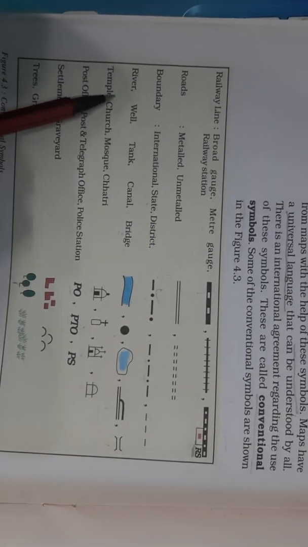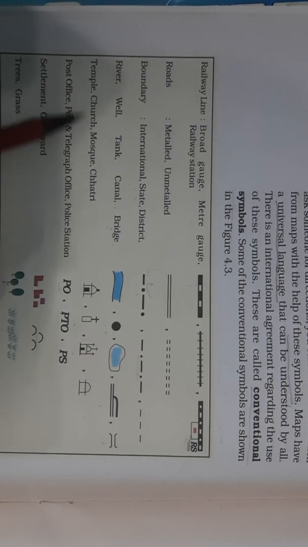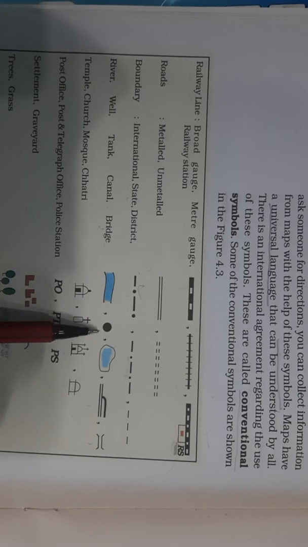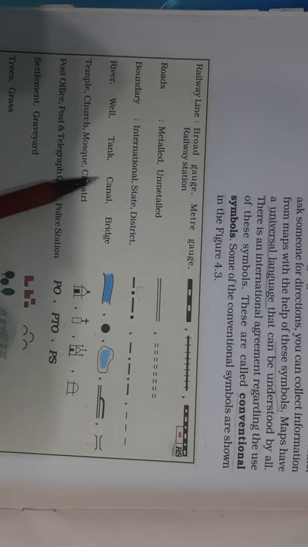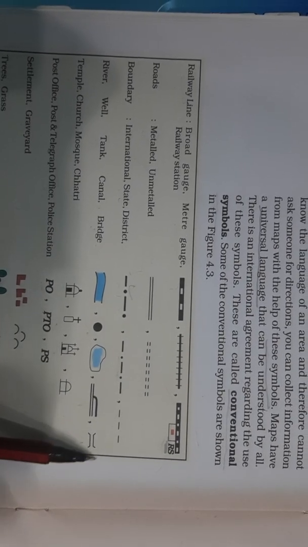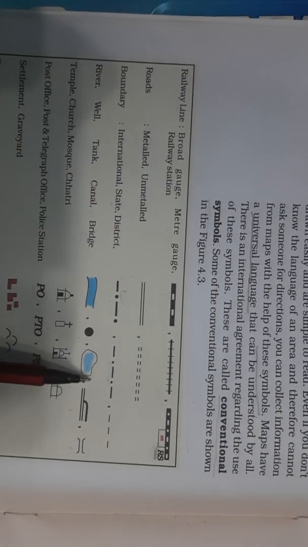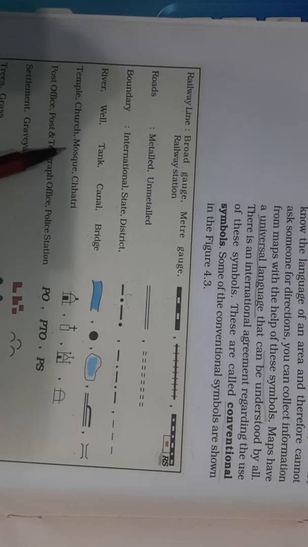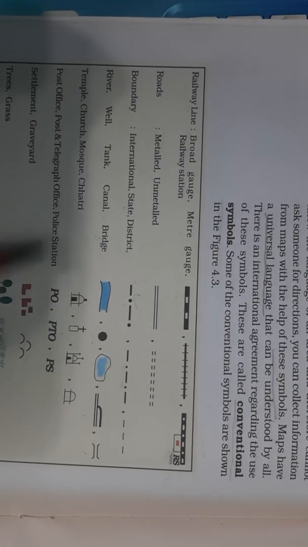To show river, well, tank, canal and bridge, river is shown by this symbol, well is shown by this dot, tank is shown as this, canal is shown as this, and bridge is shown by this particular symbol. So each thing has a different and single symbol. Temple, church, mosque and chhatri are shown by these symbols respectively.